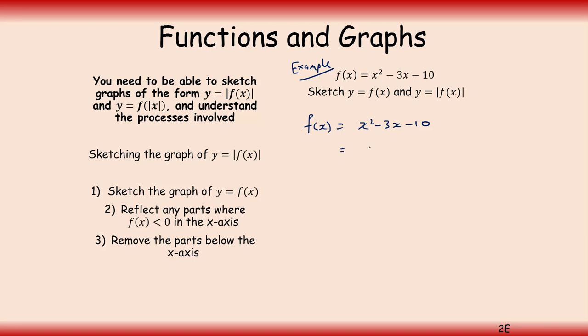So I need to factorize it. It's x squared, it's quite simple. I've got my minus 10 though. What factors of minus 10 are going to give me 3? 2 times 5 gives me 10. One of them's got to be negative. So plus 2, minus 5.